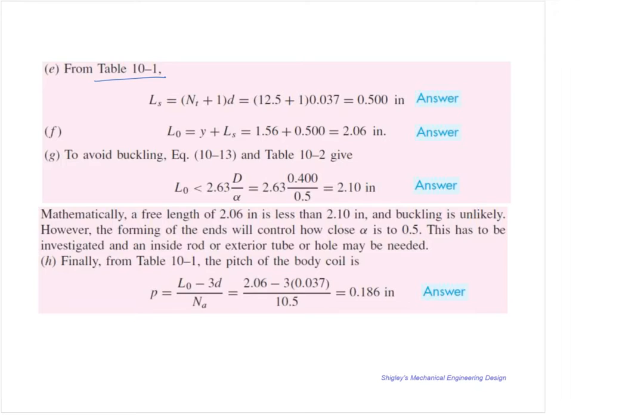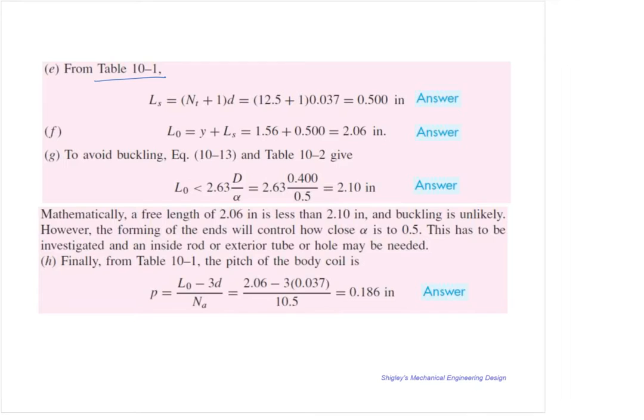And then we're looking for a free length. This is part F here. You notice that this is the free length. This isn't a formula in the book. This is what should the free length of the spring be? I can tell what question F was by looking at this formula.